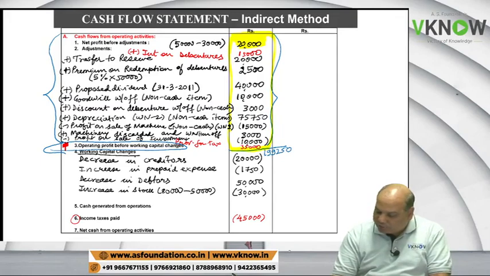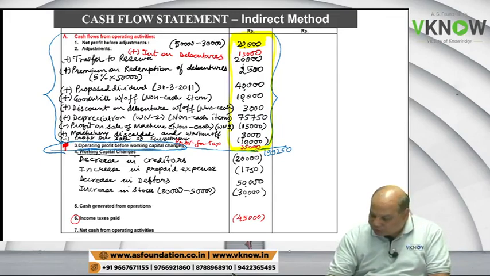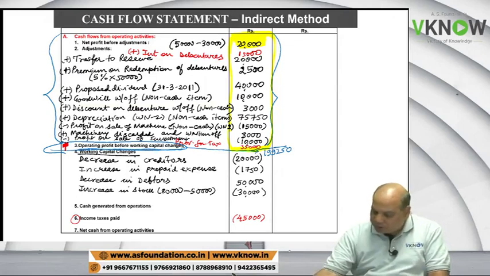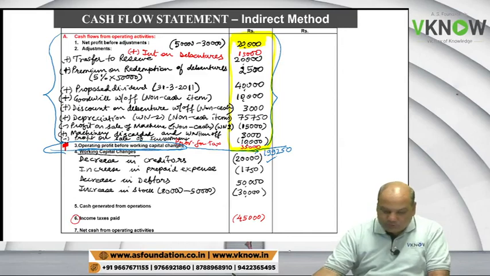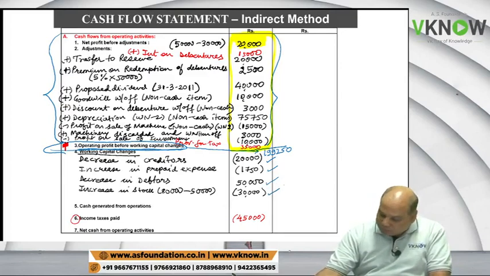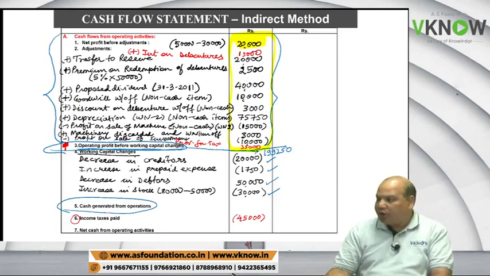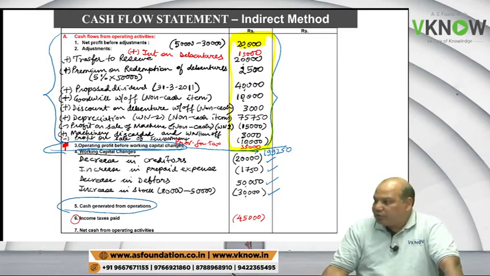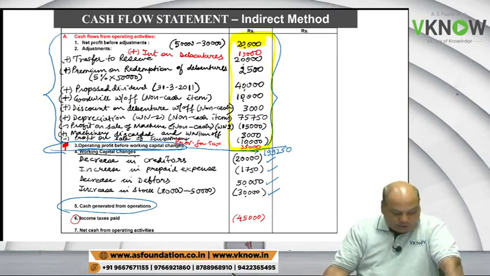Where will you write? In front of this, operating profit before working capital changes. 199,250 minus 20,000 minus 1750 plus 50,000 minus 30,000. Now you will get cash generated from operation.